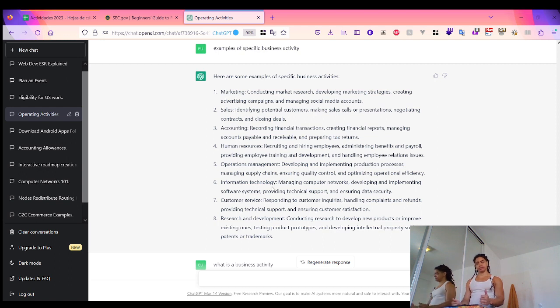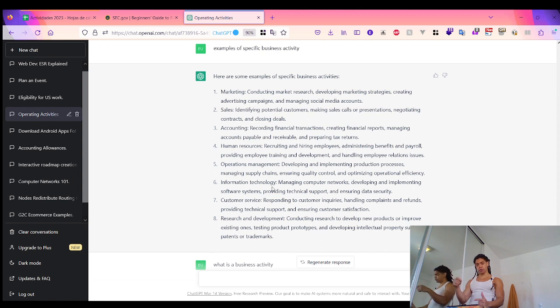Managing supply chains, because if you are selling cashews, you want to know who your vendors and providers are.